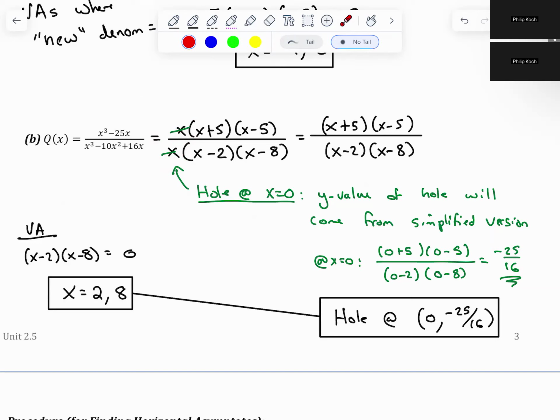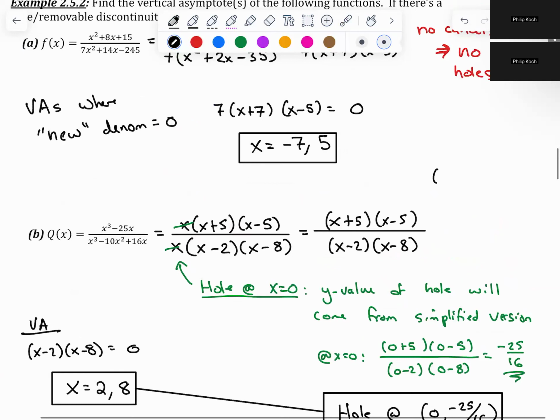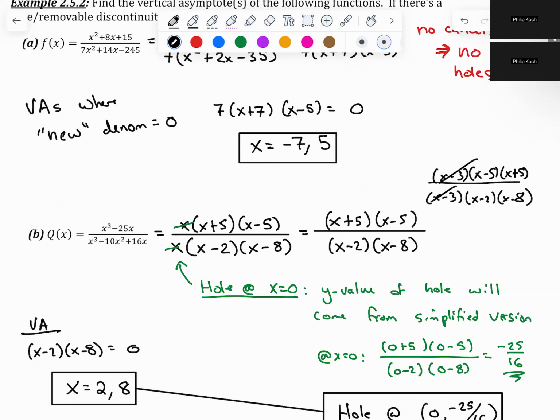If it had been (x minus 3) times (x minus 5) times (x plus 5) over (x minus 3) times (x minus 2) times (x minus 8), those would cancel and there'd be a hole at x equals 3. That make sense? And to drive the point home, if this was 17, there'd be a hole at x equals 17, and so on and so forth.